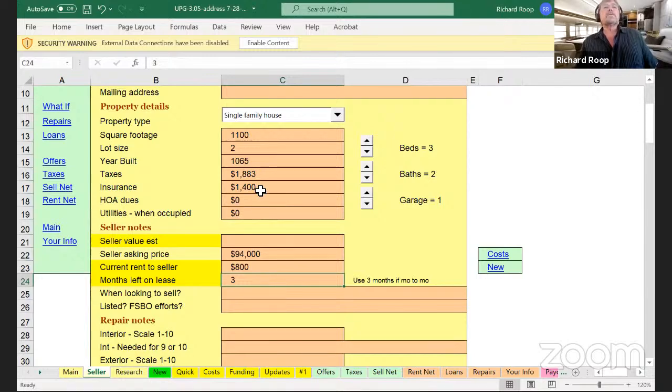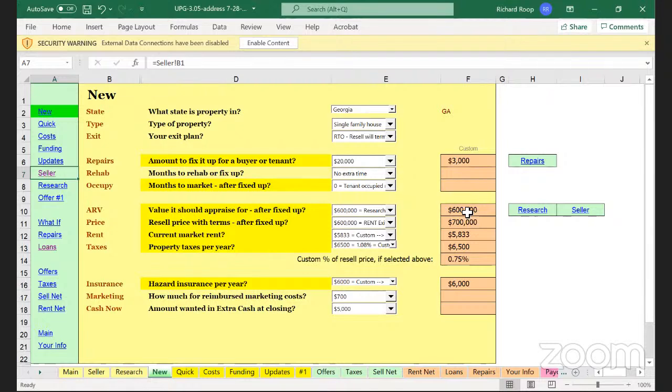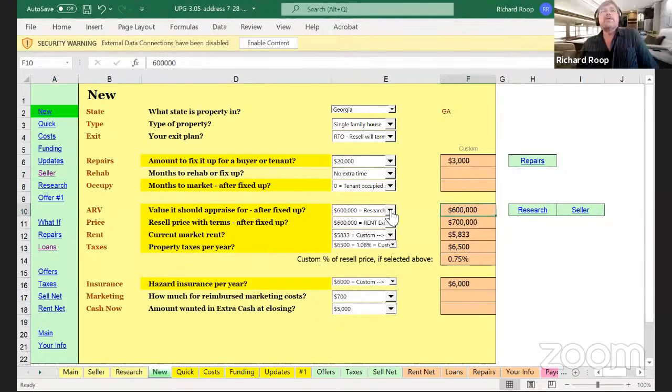All right. So we got the taxes and insurance. You got the repairs. Okay, we'll go ahead and run it as if you're going to do the repairs. But we also talked about selling it as is, right? Right. Okay. What is the after repaired value?